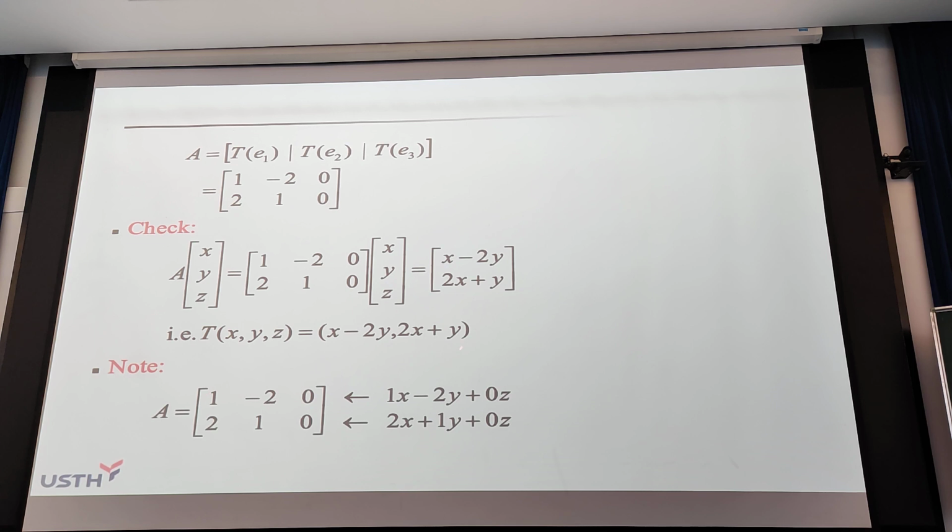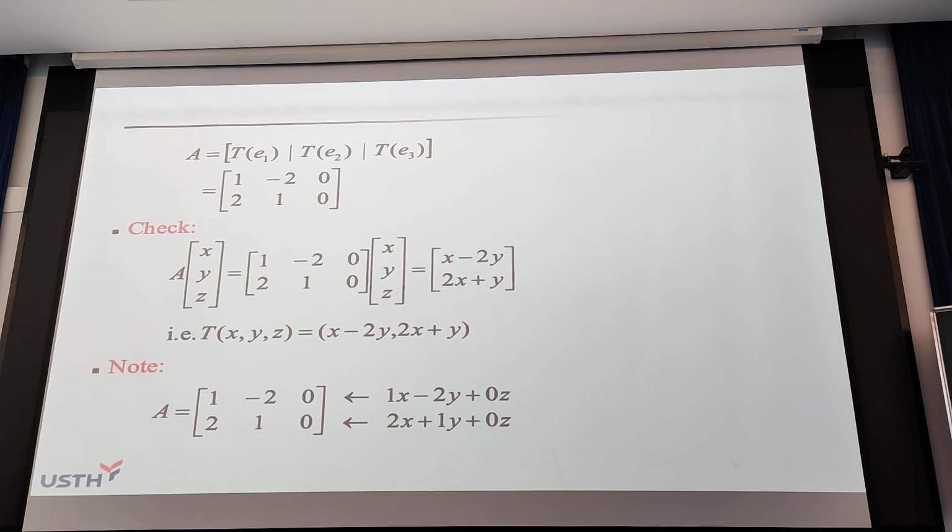Now the second coordinate here is 2x plus y. It means 2x plus 1y plus 0z. Once again, we take the coefficients 2, 1 and 0, and we write them in the second row here: 2, 1 and 0. So if we look at the coordinates here, we take the coefficients and put them here.